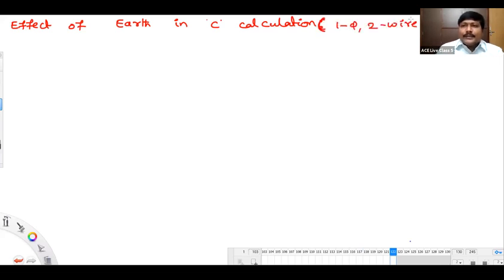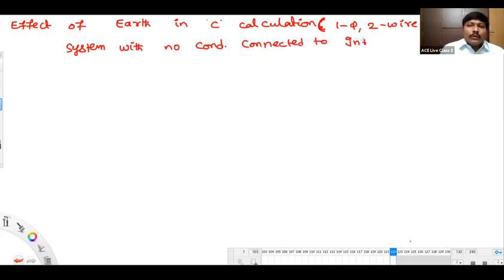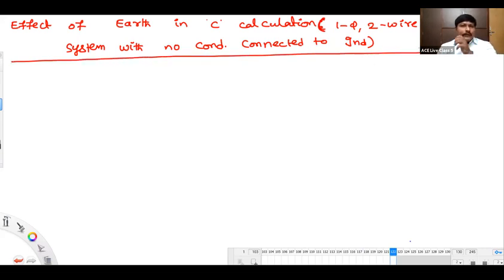Single phase two wire system with no conductor connected to ground.